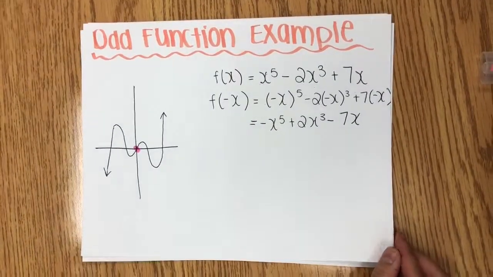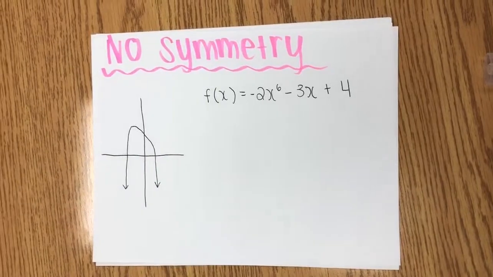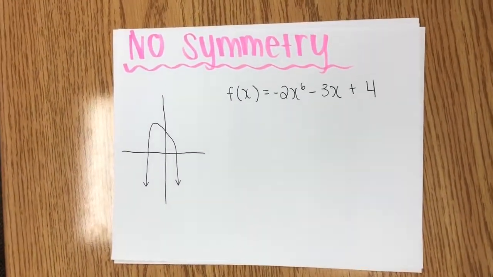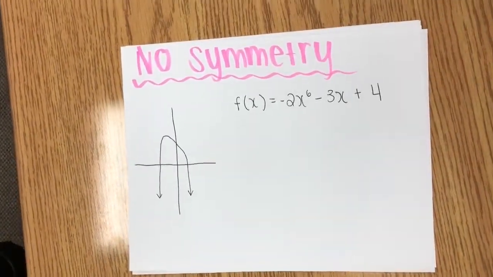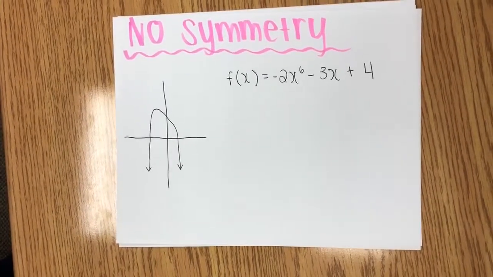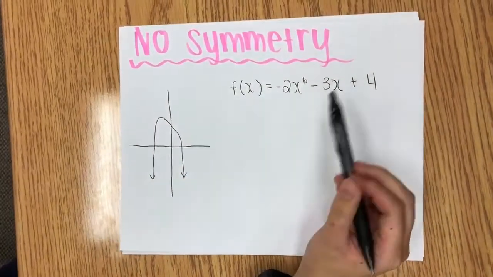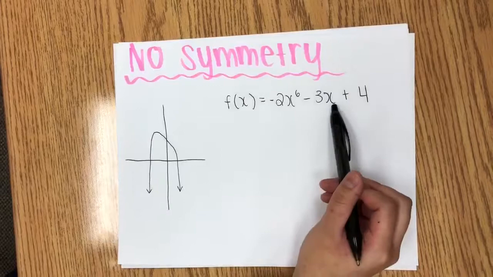Now we have our final example of how to solve a function that has no symmetry at all. We're going to solve this graphically and algebraically. Graphically, you can tell this function has no symmetry because it doesn't have point symmetry or line symmetry, so we know that it's not even or odd. We can also solve this algebraically because we can see that the x exponents are a mixture of both even and odd, 6 and 1.